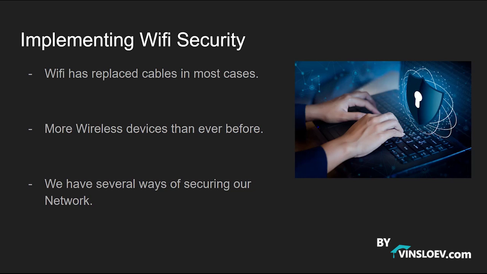But with Wi-Fi, basically every device that is within range of our Wi-Fi signal will be able to see this Wi-Fi, and if it is not protected in the right way, they will be able to connect to it and start collecting packages and information from that network.